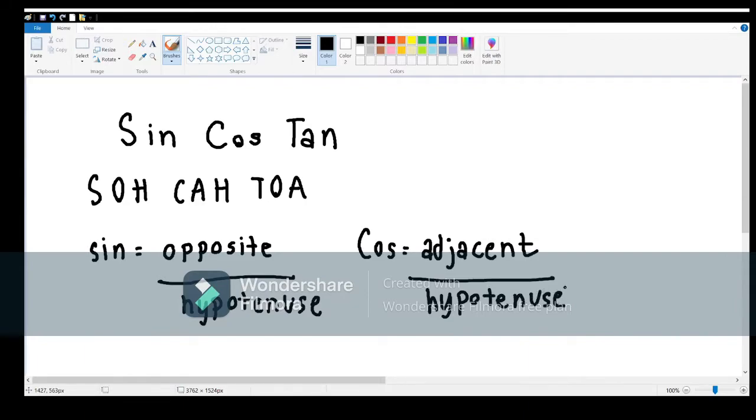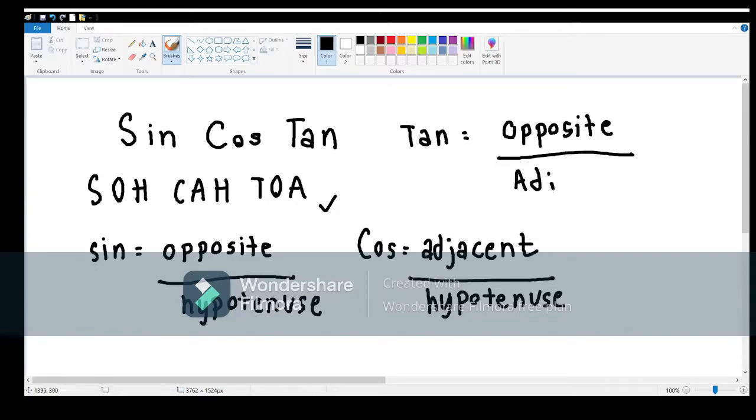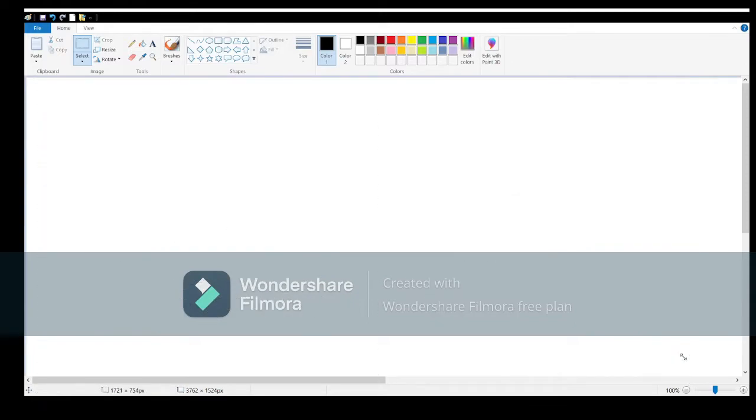And then last but not least, we have TOA, which stands for tan or tangent, and it is opposite over adjacent. And this is not yet the complete stuff that we're going to study. There's still more to this lesson.